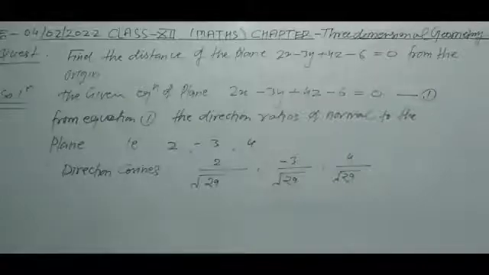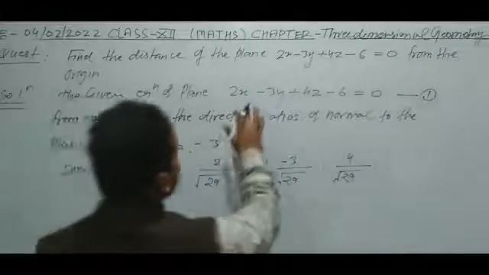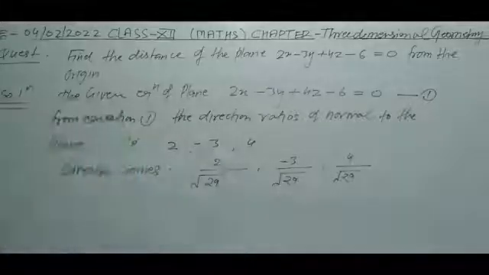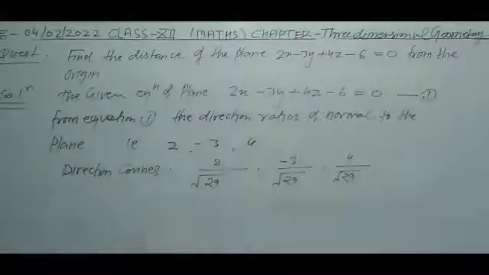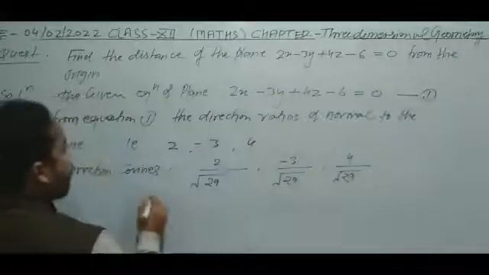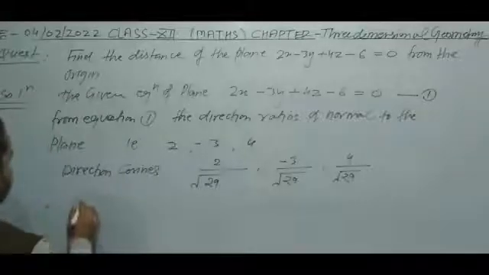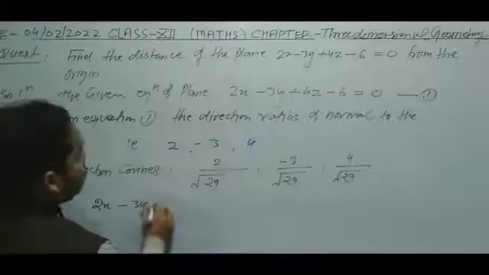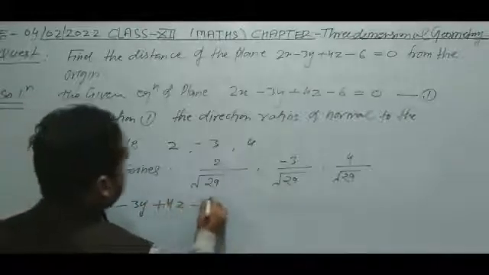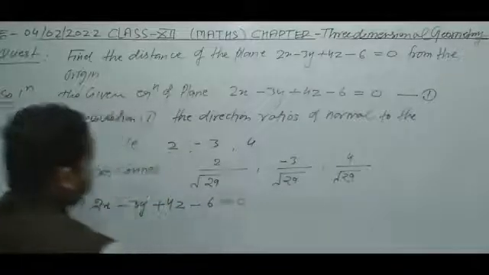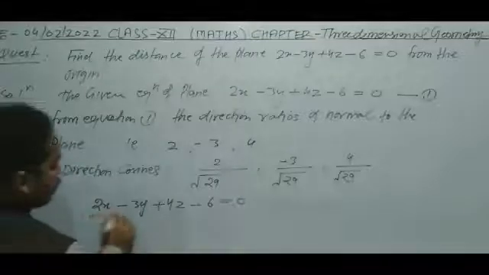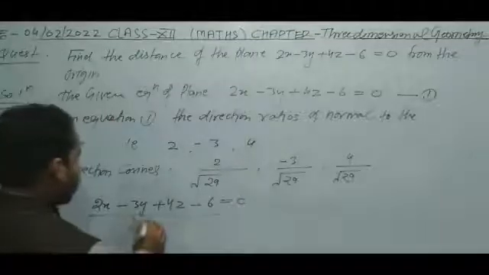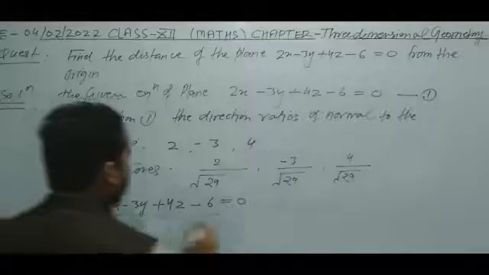Now we have to divide the equation by root over 29. So 2x minus 3y plus 4z minus 6 is equal to 0, we divide by root over 29.